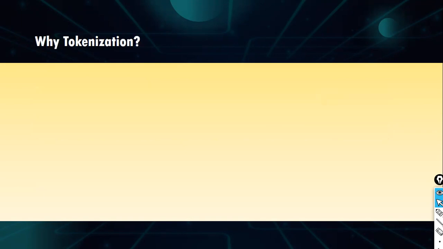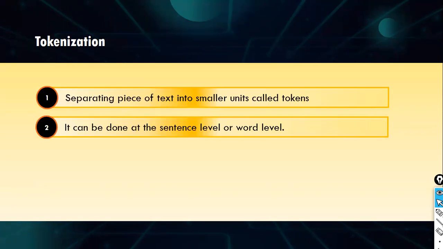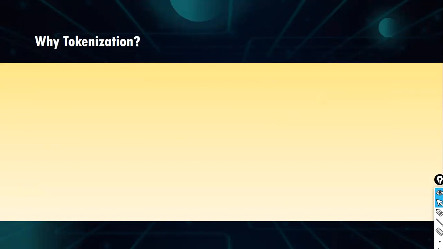Now the question is, why is tokenization required? You might be asking this question. Tokenization is fine, splitting the text into words or sentences, right? Fine. Why should I do that? Because tokenization is a crucial step.